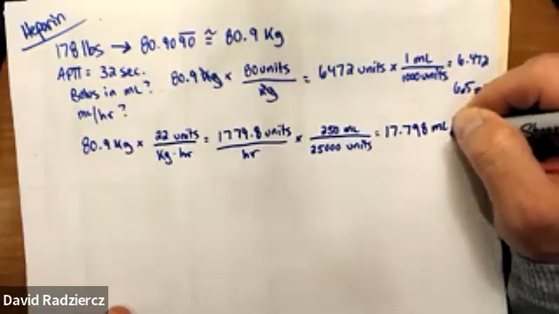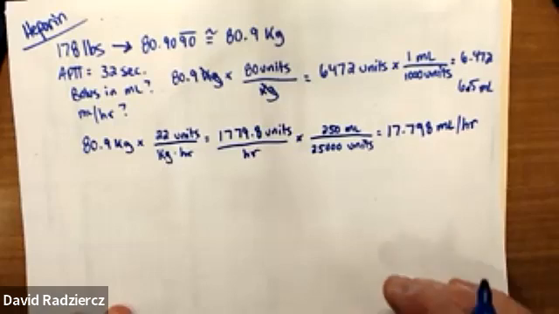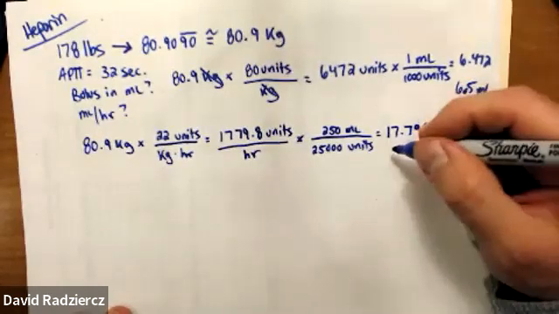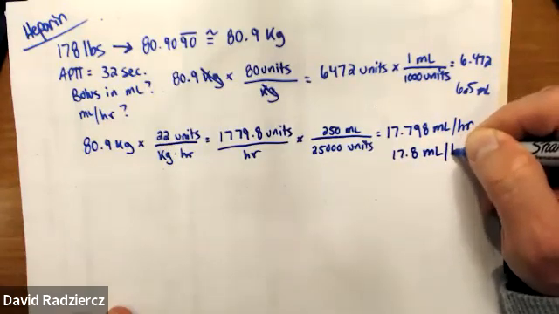That would be milliliters per hour. I'm just giving this a second because the internet started to slow down for some reason. And I'm going to round that to 17.8 milliliters per hour.